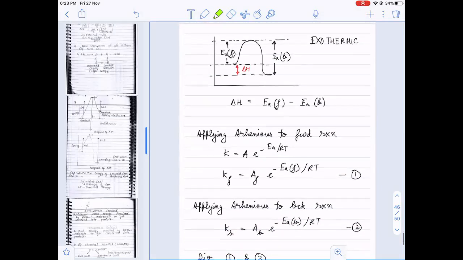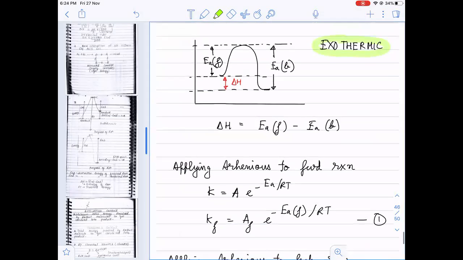Now, on similar patterns, we observed the graph just now. There is one more graph, and this graph is for the exothermic reaction. What is the difference between an exothermic and an endothermic reaction? The difference is the position of the curves, or the energy of the reactants and the products.